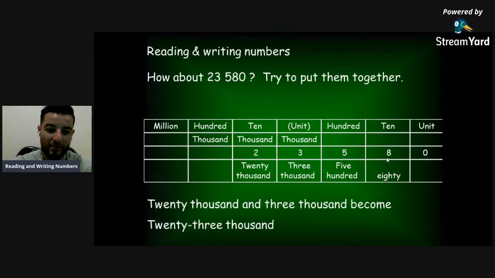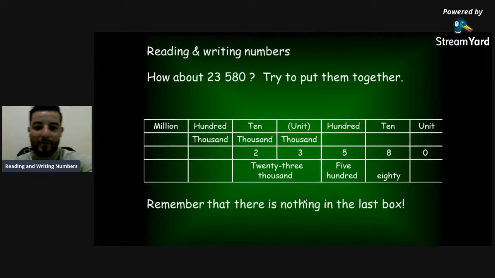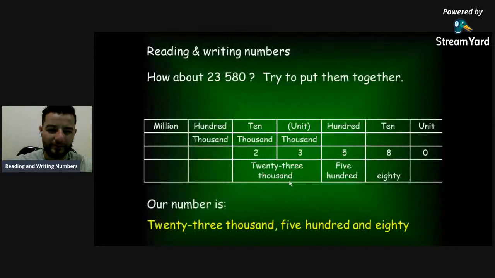You see we have 23 thousands. Don't say two thousand and three thousand. No, you say twenty-three thousand, right? So our number is 23,580.